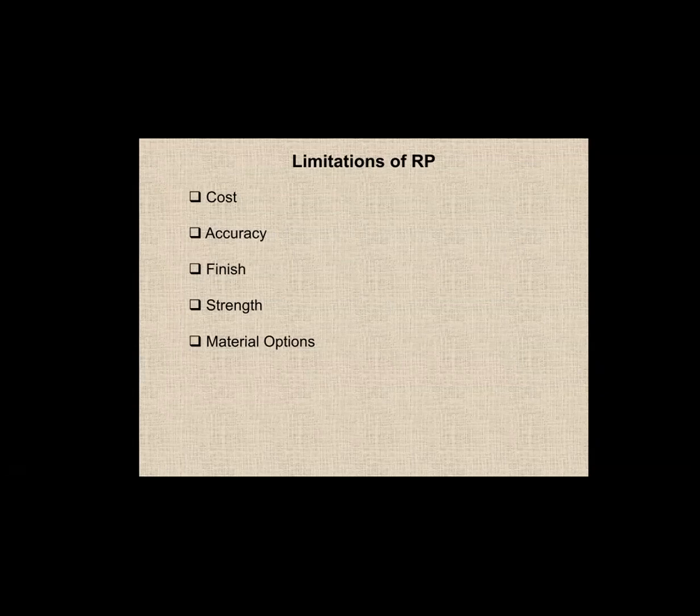But most of the time, rapid prototyping is adapted for prototypes only. Why? Because the initial cost will be high. Next, accuracy levels, surface finish, strength parameters, and material options. So these are the limitations. So next.